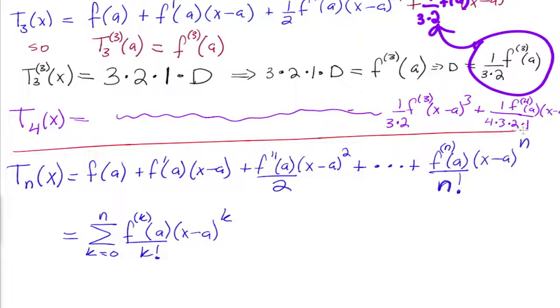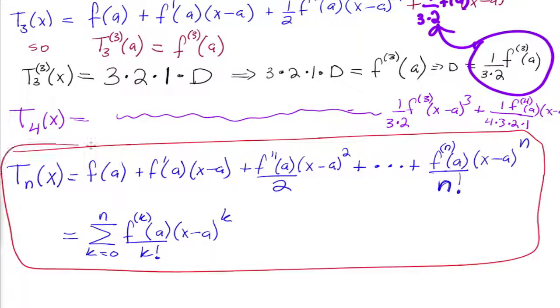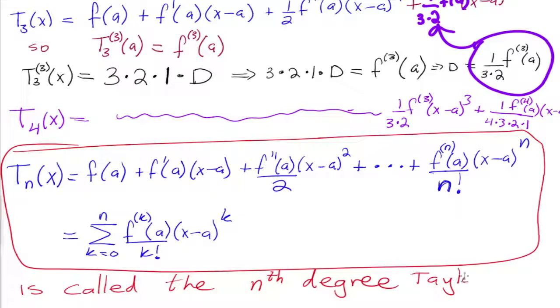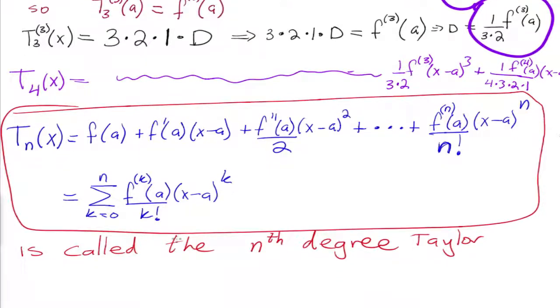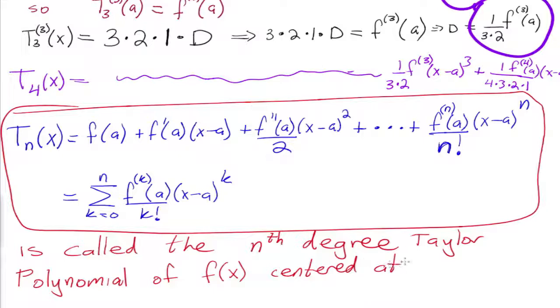So this right here is called the nth degree Taylor polynomial of f of x centered at x equals a.